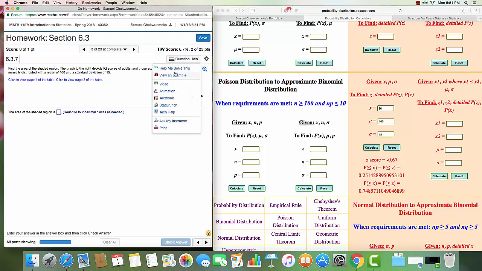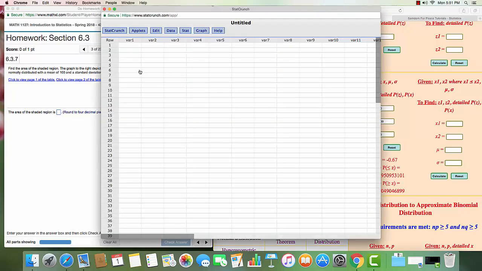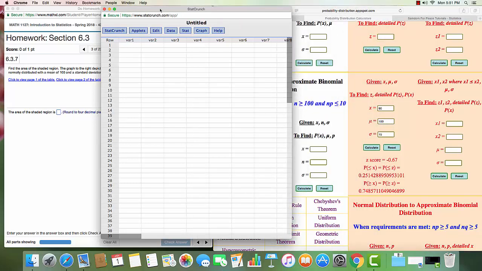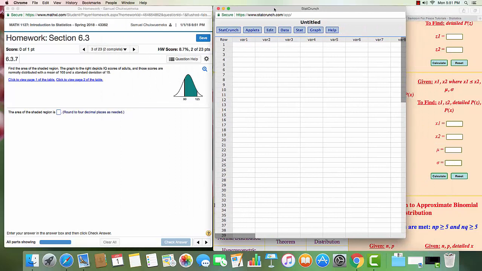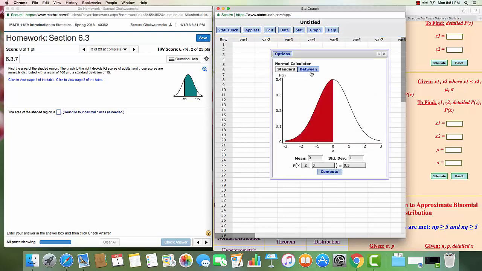So go to question help, you go to StatCrunch. Let me shift this StatCrunch here so you see it. So I click on start, I click calculators, I click normal. So here is between, the area between.